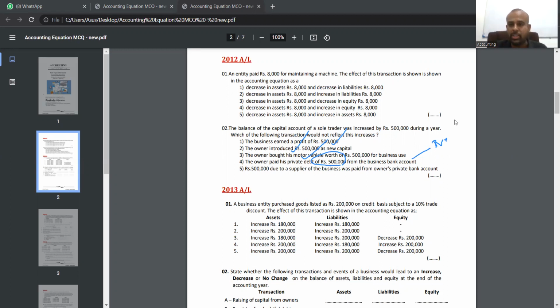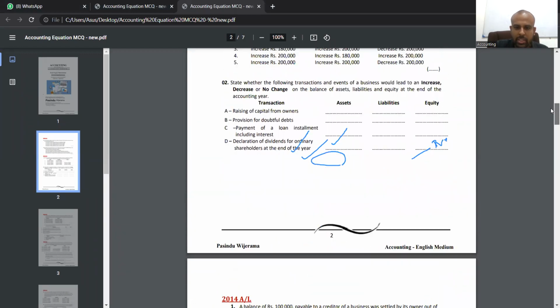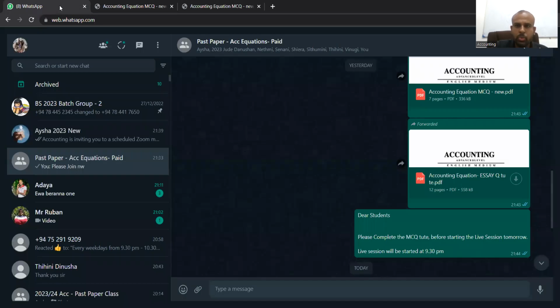Please do all the corrections in the paper. Right. Okay. That is all about 2012. There were two questions. We did both. We are moving into the 2013 A-level paper questions. Could you write the question number, the 2013 A-level paper questions? Please do them. Right, hurry up.